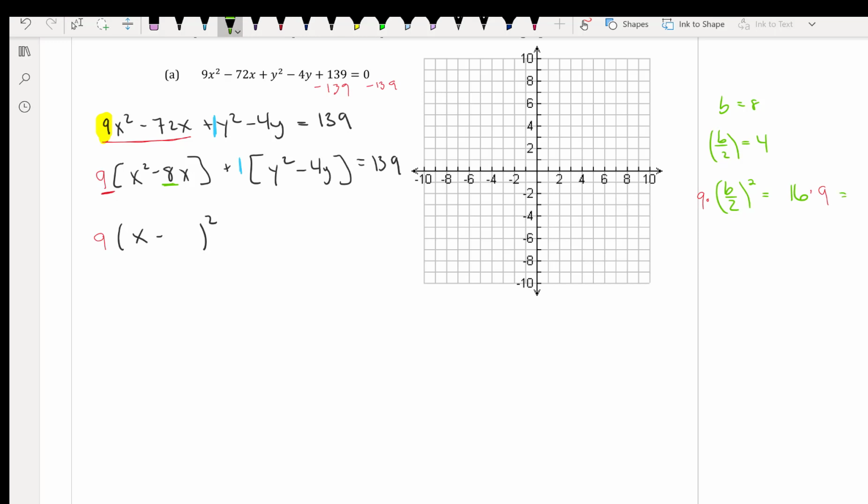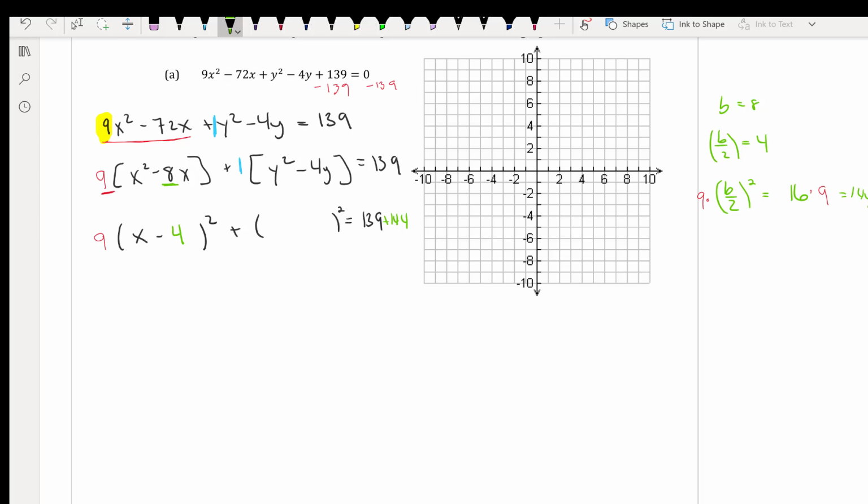So 16 times 9 is 144. So now my b divided by 2 value, when I plug that in, is going to be 4. And the value that I'm adding to the opposite side is that b divided by 2 squared times 9, so that's going to be 144 that I'm adding as well.